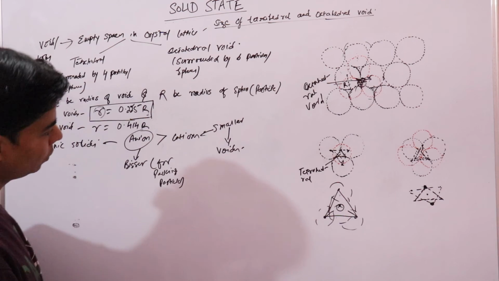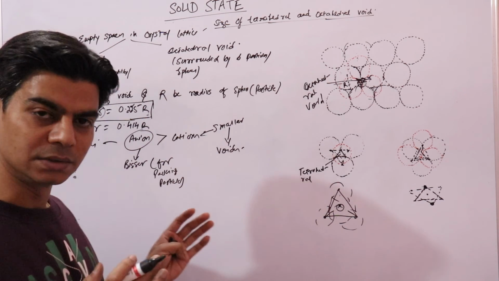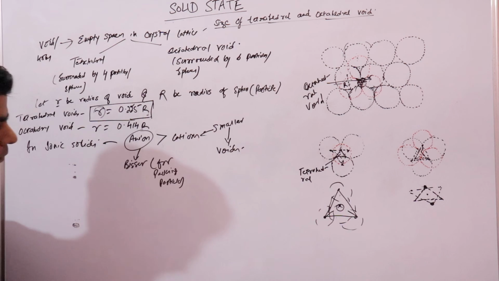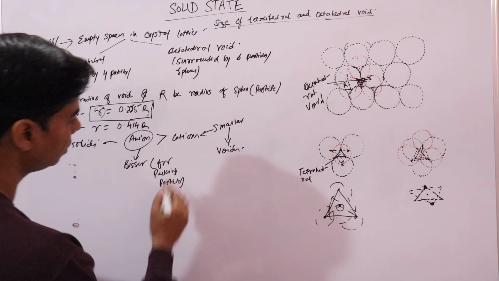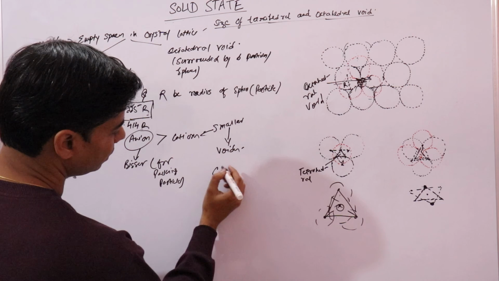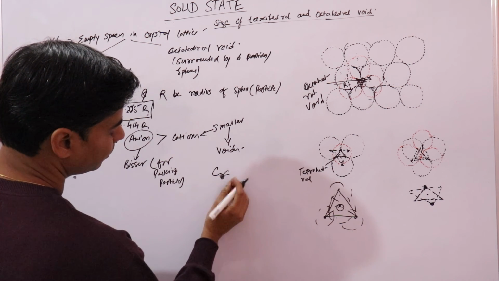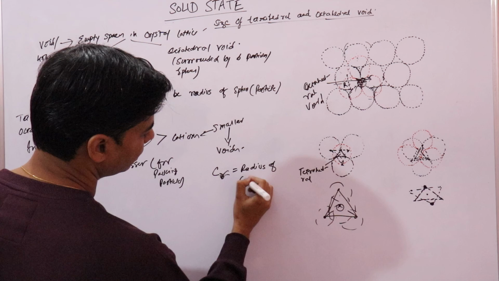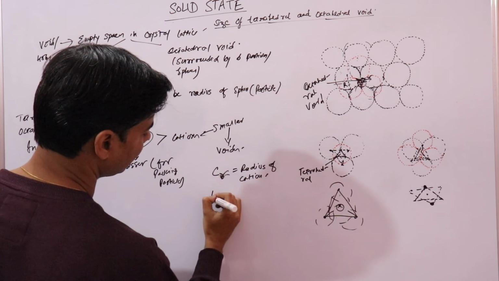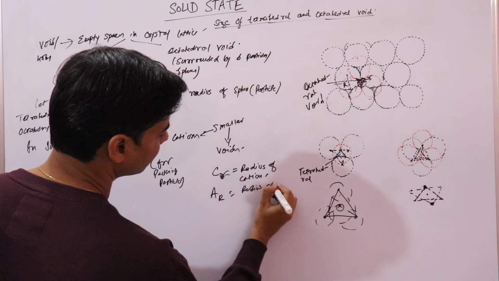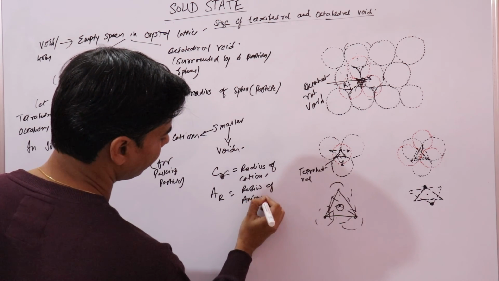So if you know the size of anions, from there you can find the size of cations, since cations are smaller. Let small r_C be the radius of cations, and r_A be the radius of anions.